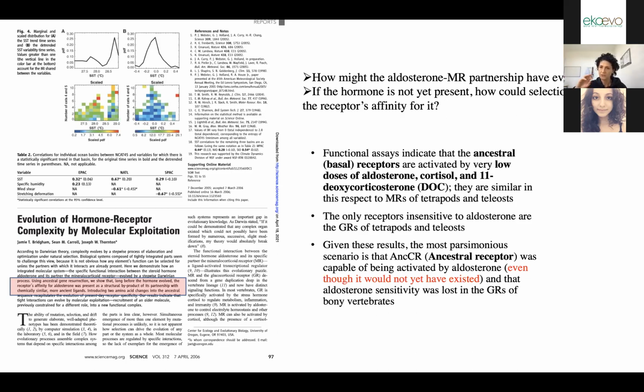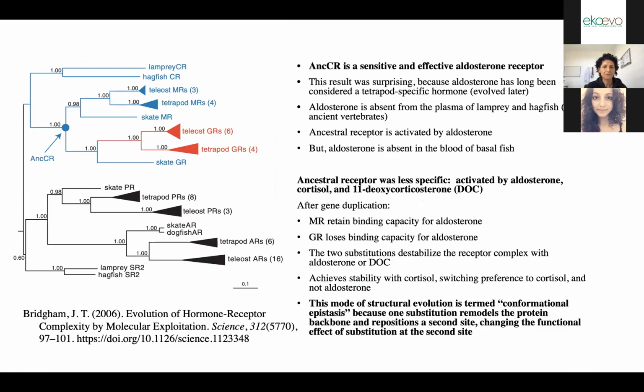It was affected by aldosterone, by cortisol, and also by a primitive form of the hormones called 12-deoxycorticosterone, DOC. So this ancestral receptor was affected by all of them. Okay, it wasn't specific for a certain ligand.